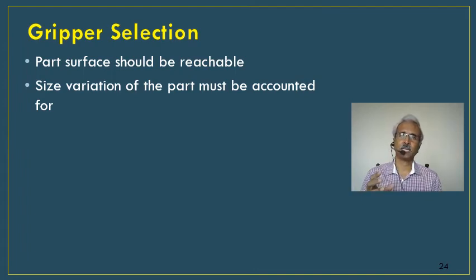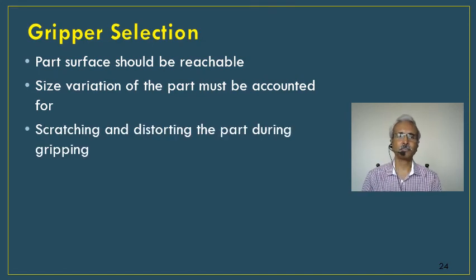Instead, my design should be such that this variation can be accommodated. Next is scratching and distorting the part during gripping. You need to apply sufficient gripping force, but in that process it should not damage the surface of the part, right? So your gripper must be so designed.